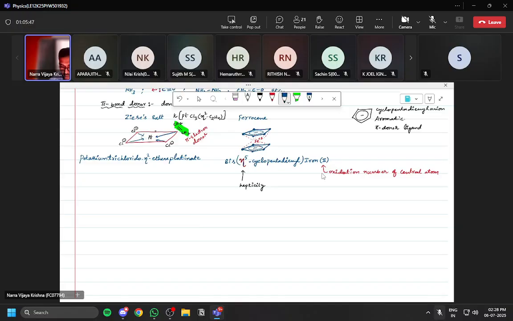What is the oxidation state of platinum? Overall charge is -1. Means platinum is to be in +2 state. So platinate 2.